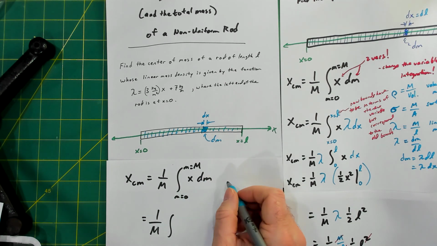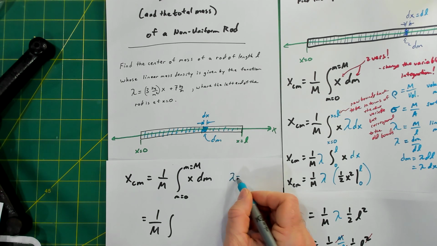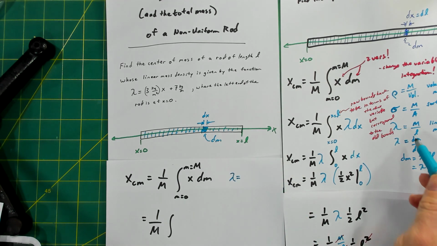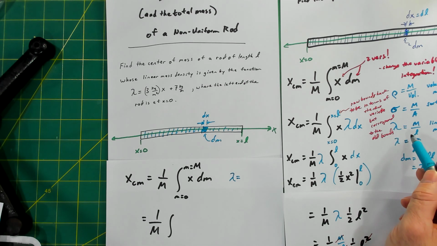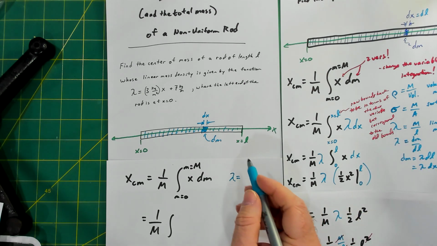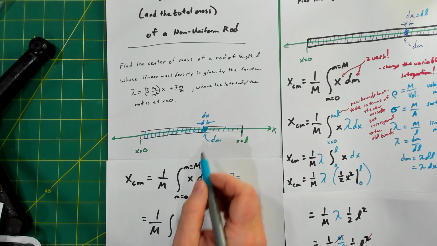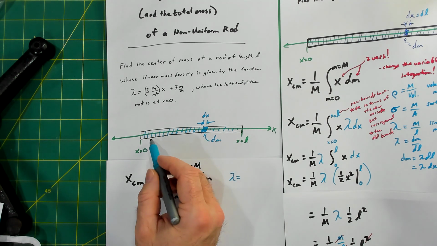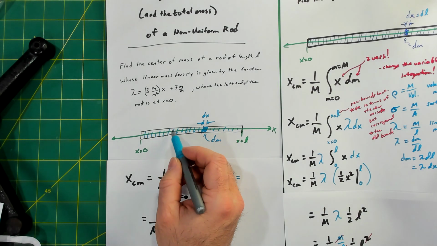But I still want to do that substitution. It's just that I can no longer take the total mass divided by the total length and get lambda. That would be some sort of weird average lambda. What I want to do is, as I go from bit to bit along the length, changing x, get the density at each little bit.